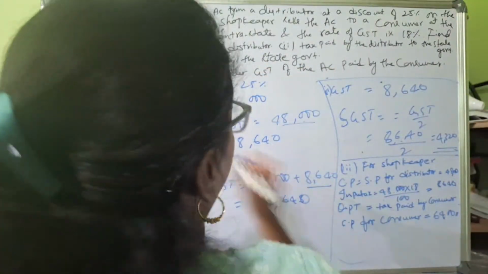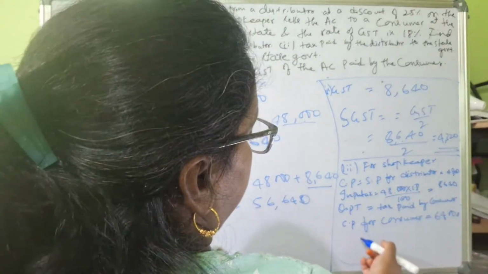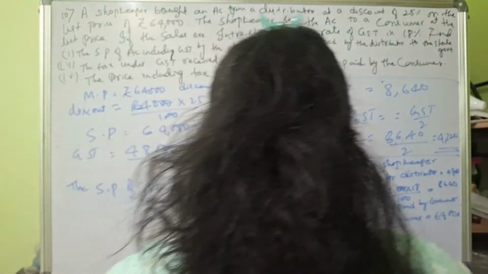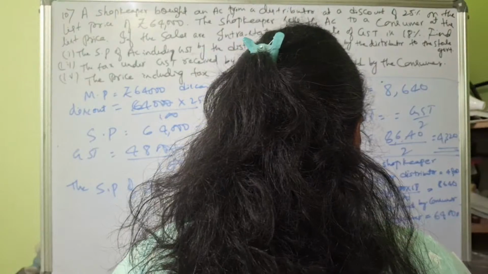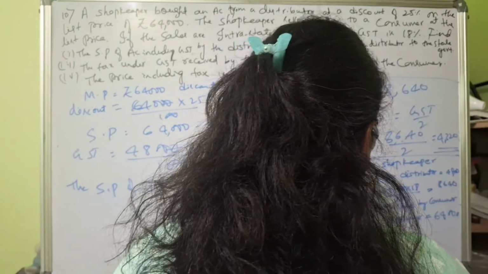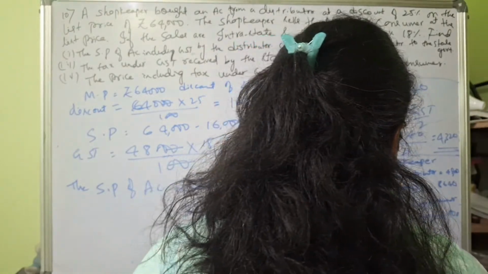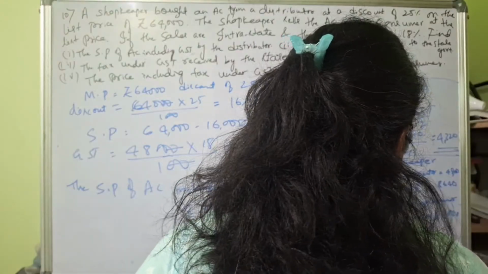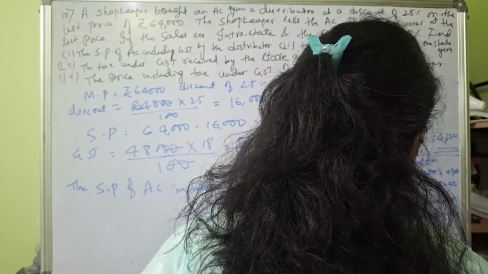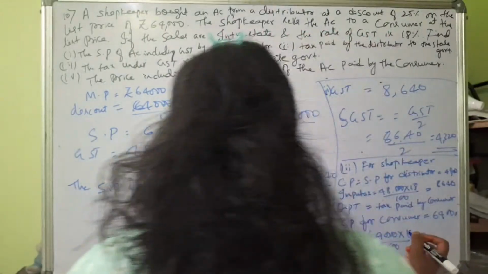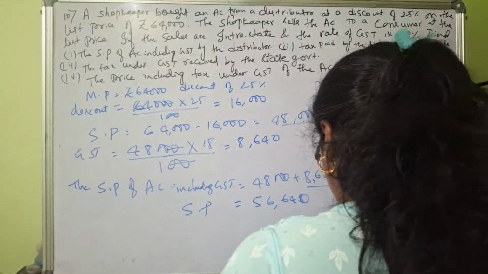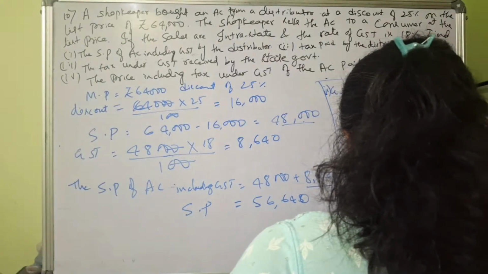That is, market price is the cost price for the customer, and we have to find the GST for this cost price, which is equal to 64,000 into 18 divided by 100, which is equal to 11,520.